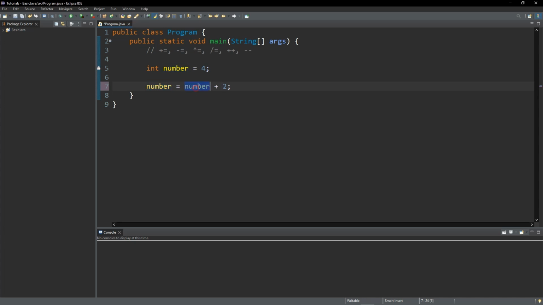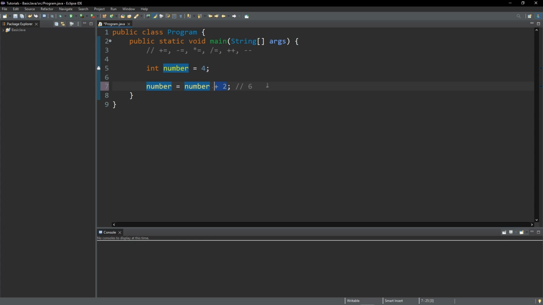So we're taking the 4 that it already is, and we add 2 to it, making this equal 6. You can also do minus 2, times 2, divide by 2, and it'll do similar operations. It'll take itself and do the operation after.